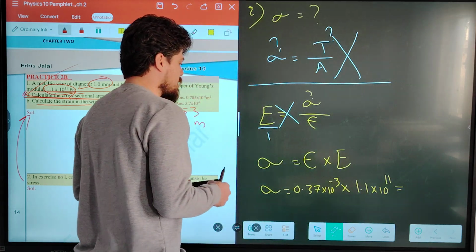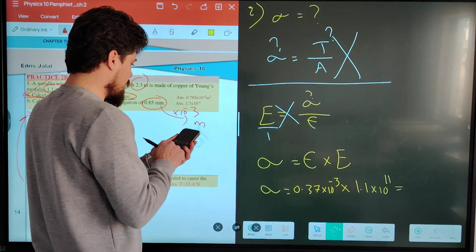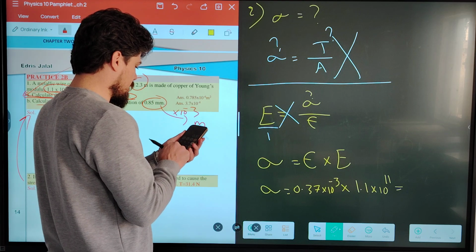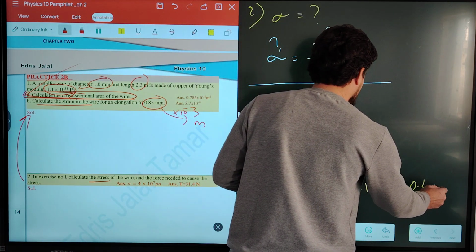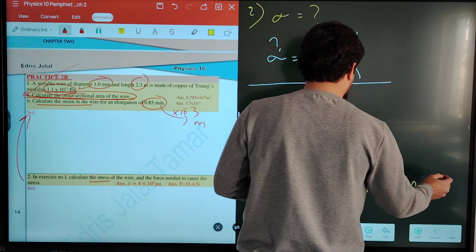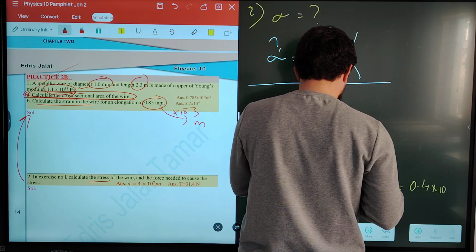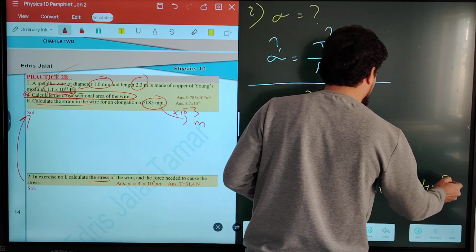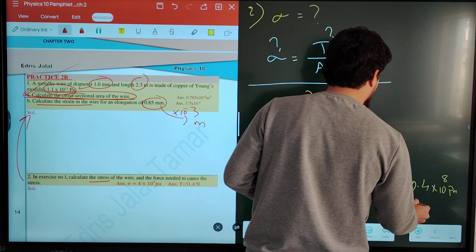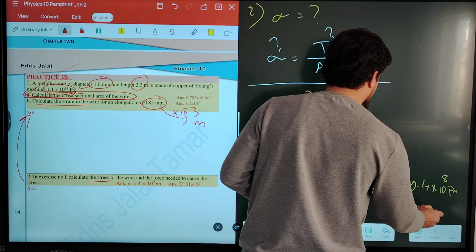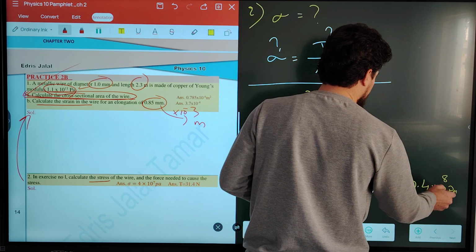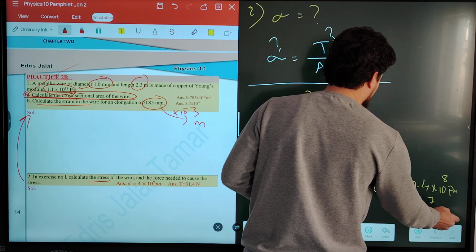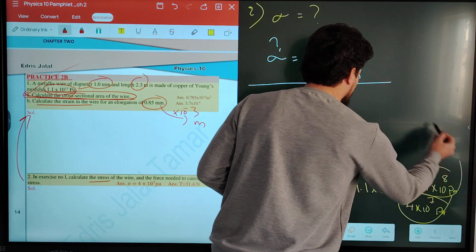Stress is equal to 0.37 times 1.1, which is about 0.4 times 10 power 8 Pascal, or you can say 4 times 10 power 7 Pascal. Both answers are correct.